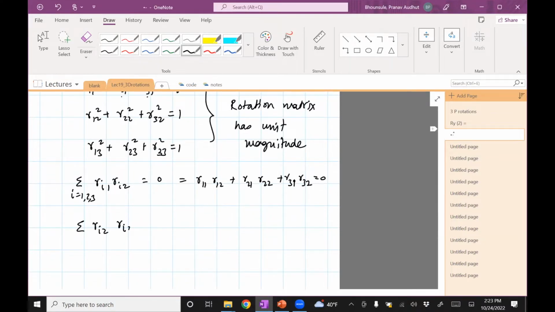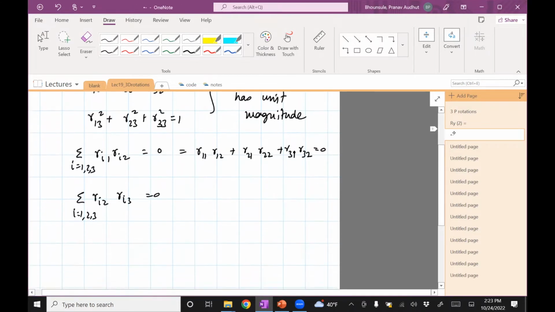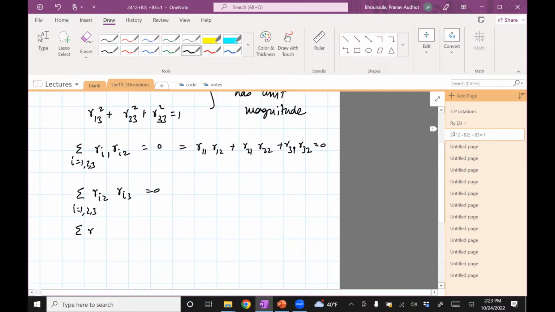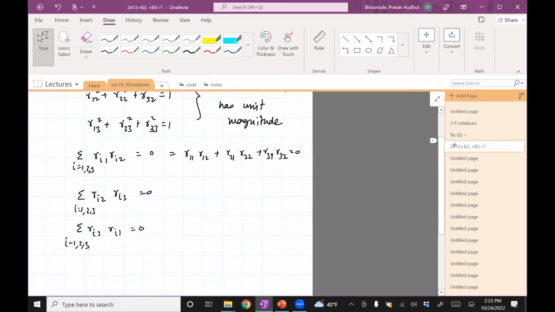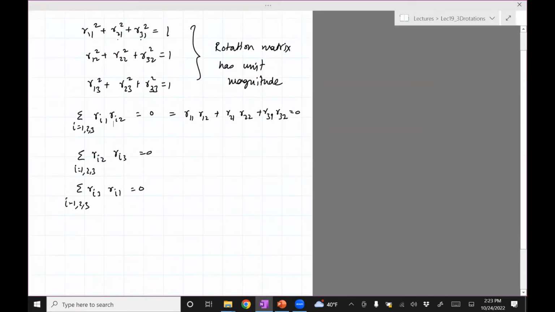RI2 RI3, summed over 1, 2, 3, equals 0. And then RI3 RI1 equals 0, where I will be 1, 2, and 3. We'll follow a similar strategy to expand it out.